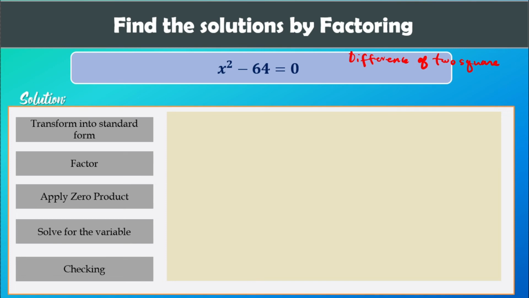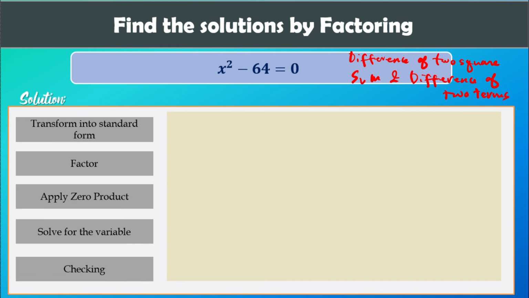Now, if we are going to find the factors of x squared minus 64, yung factors niyan are sum and difference of 2 terms. Okay? So, sum and difference of 2 terms. Ano ba yan, sir?